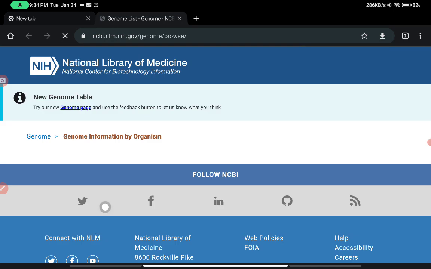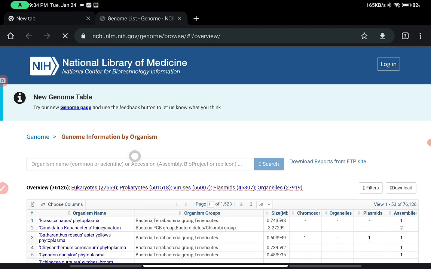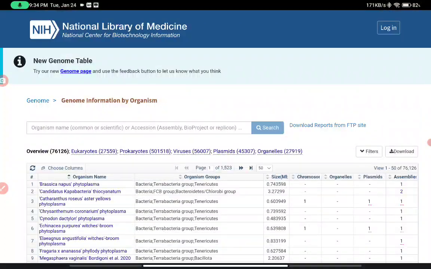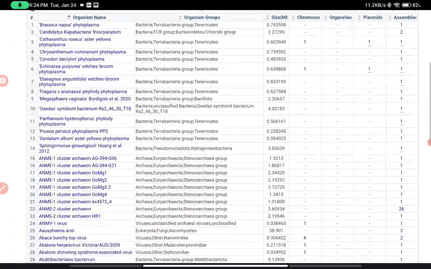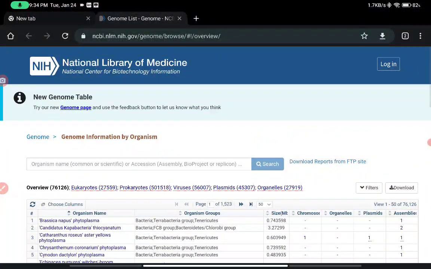You can see there are lots of genomes available. By using this link, we can see how many organisms have been sequenced. You can see this many eukaryotes, this many prokaryotes, and this many plasmid and organelle genomes already sequenced. So there are lots of entries available.